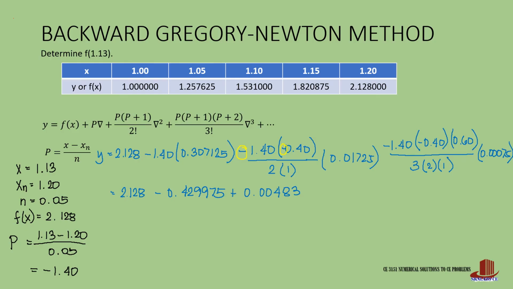And again, minus of a negative gives us positive 0.4042. So y is still going to come out as 1.702897, the same value as we have earlier.